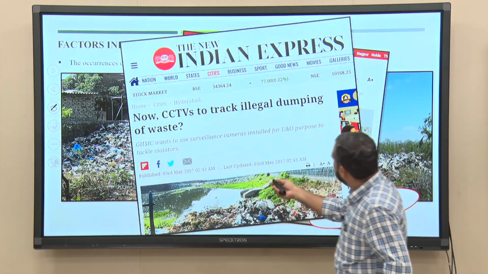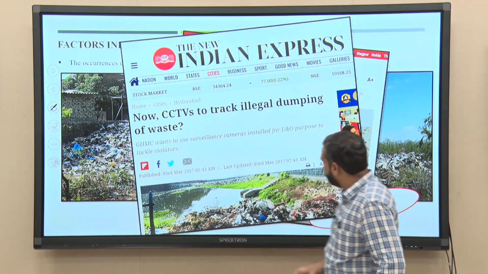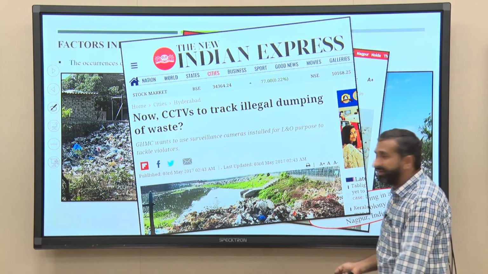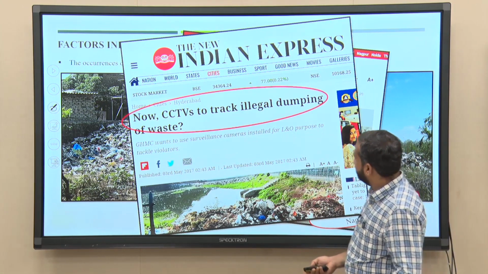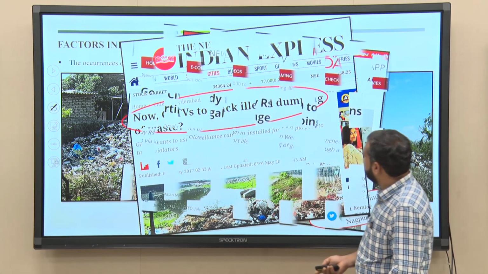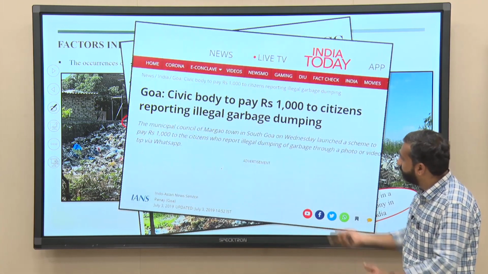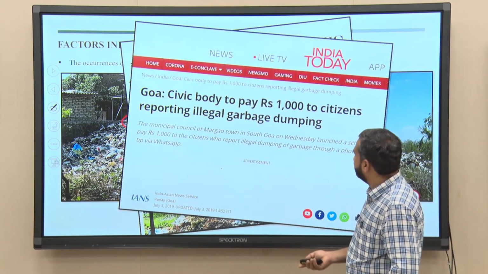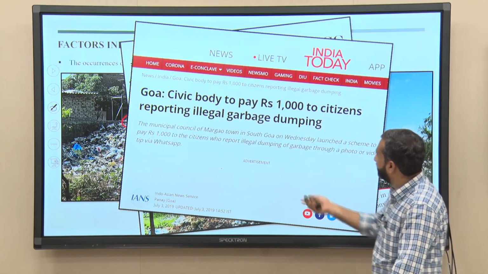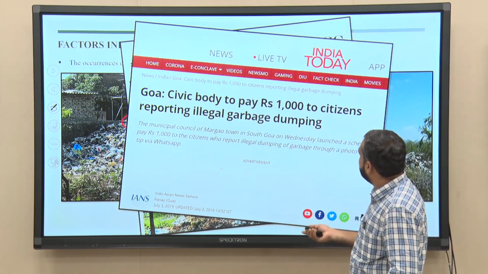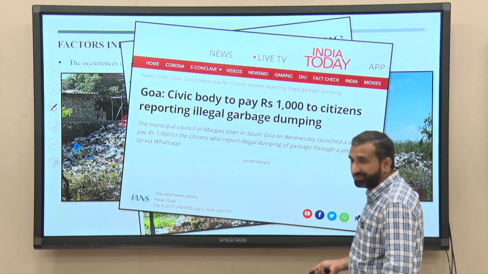And some of the cities have started CCTVs also to check illegal dumping. This is one of the news items from Goa, where they put fines of rupees 1000 for illegal garbage dumping.